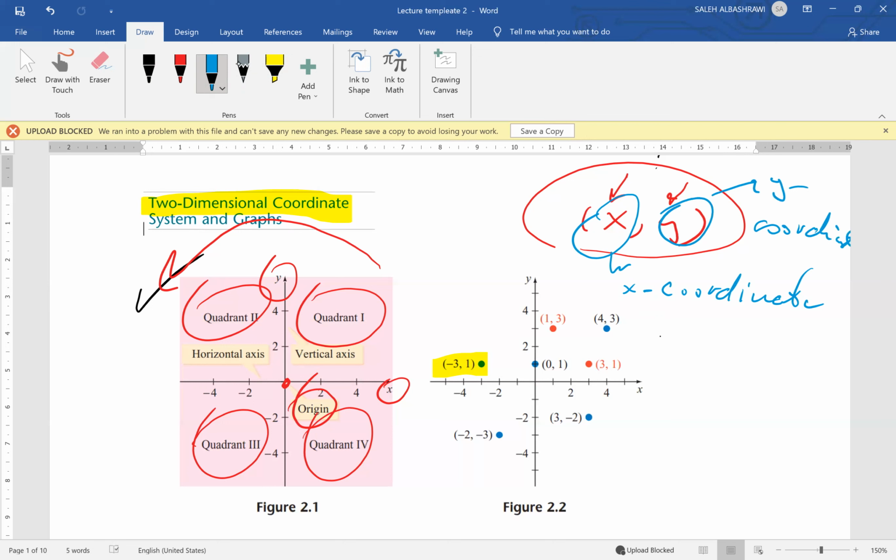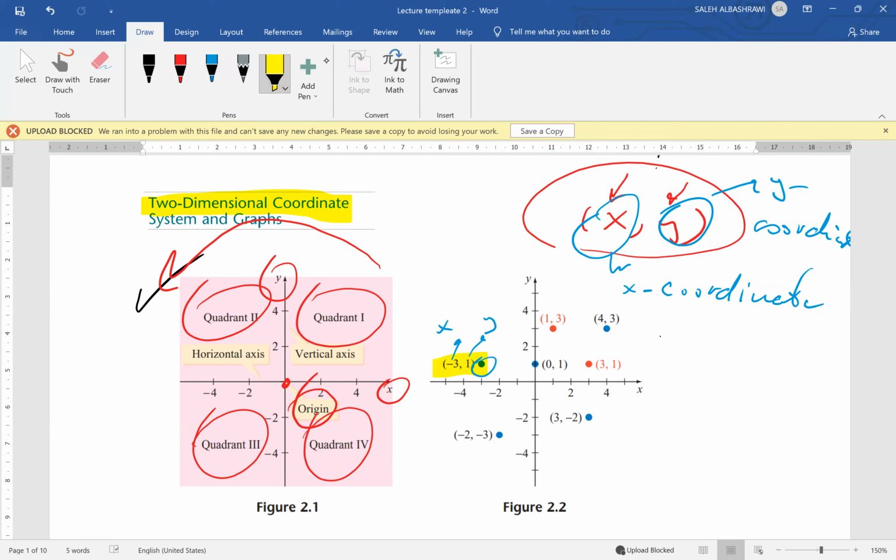For this point, the x coordinate is minus 3, and the y coordinate is equal to 1. Again, any point is represented by two numbers, two values, and that's why we call it two-dimensional. We have x and y, two values.